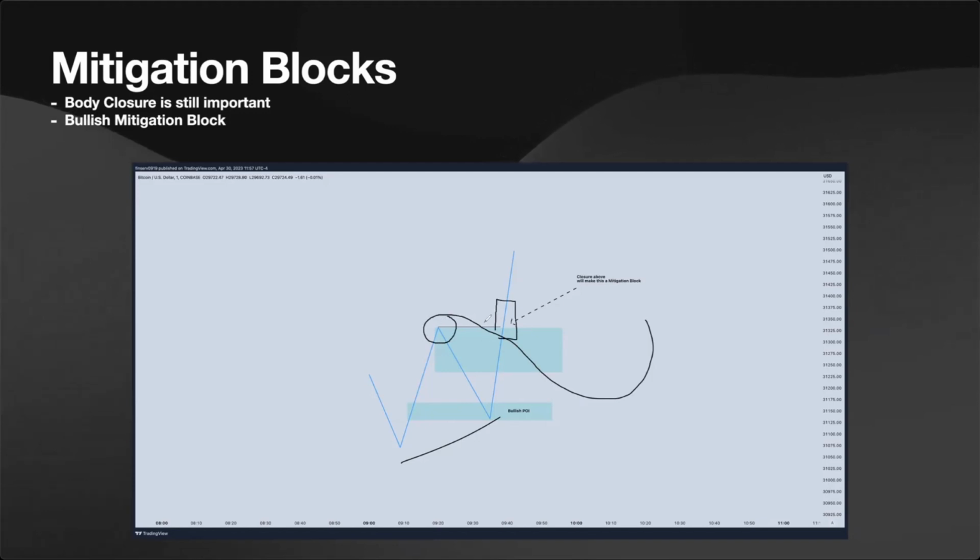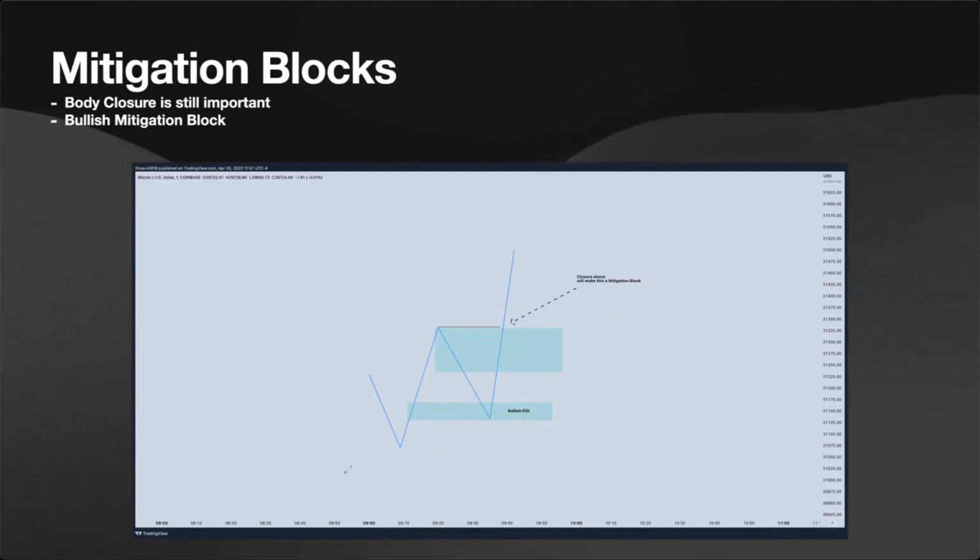Having done that, this is now a valid mitigation block, and of course, let's not discount the fact that this must come from a POI as well, making this a valid bullish mitigation block. If you're buying here, keep your stop either here or here.